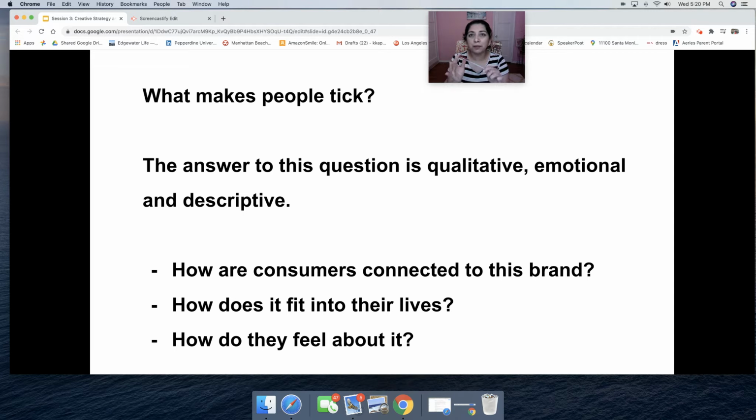Okay. And let's pretend for a minute that you need to create an ad for that product. And you want to ask yourself, how are consumers connected to this brand? How often do they use it? Where does it fit into their lives? How does it fit into their lives? Why am I so attached? Why are they so attached to this pen? Okay. What do they feel about it?